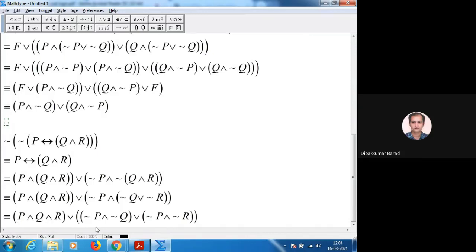Okay, so we can remove this bracket. Now we can remove this bracket, and we get same as it is.